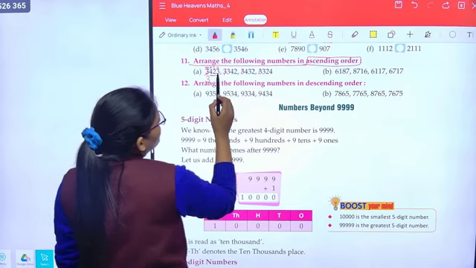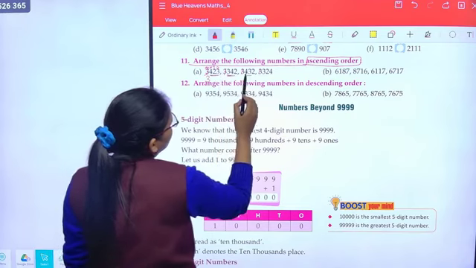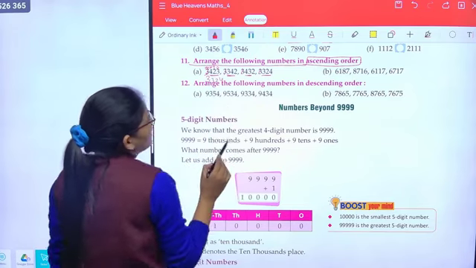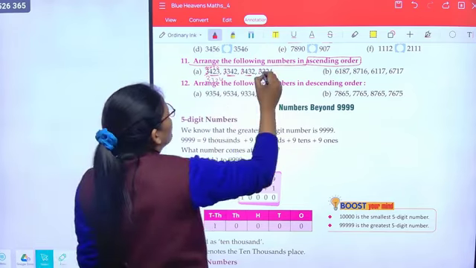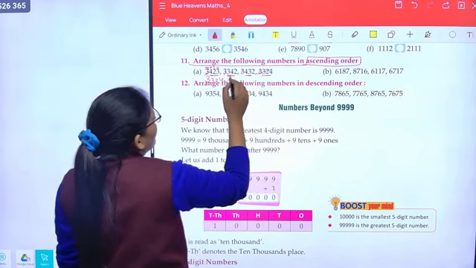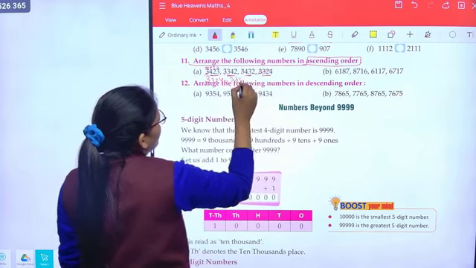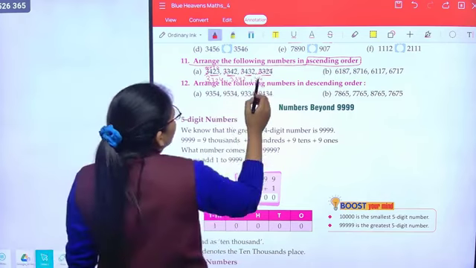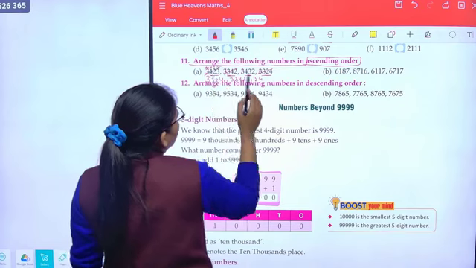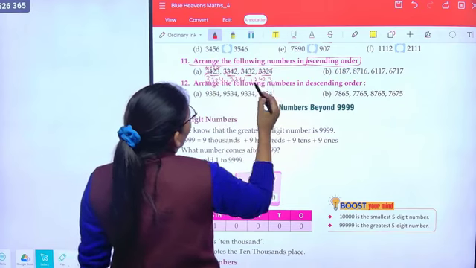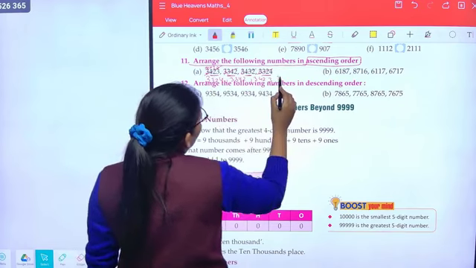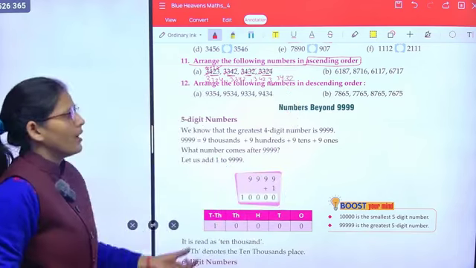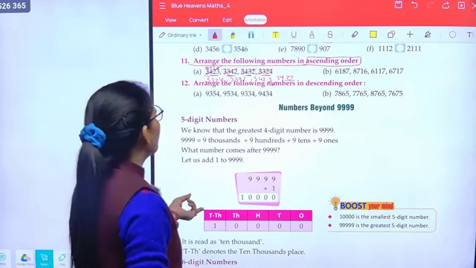It is 4, 2, 3. 3, 4, 2. 4, 3, 2. Now we will write 3324. Understand? Now we will write 3342. Now 3423. Now 3432. Understand, class? Rest of the parts do yourself.